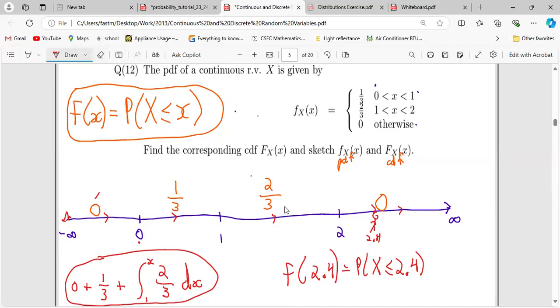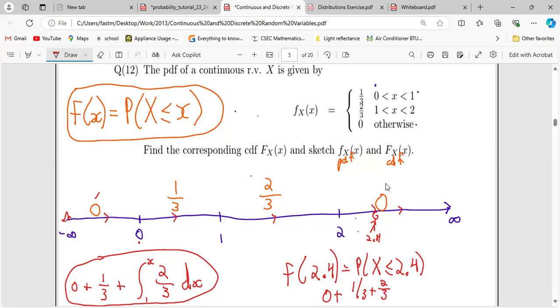So if I start from minus infinity, I add up the areas one at a time. So the first area adds up 0, plus a third, plus 2/3.